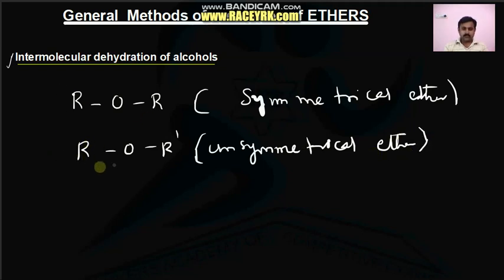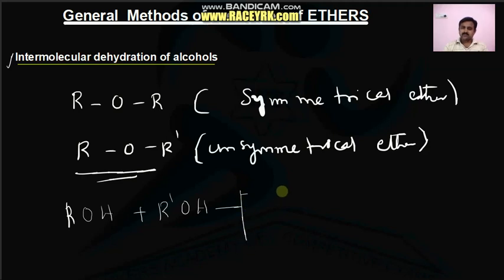So if you try to prepare this type of unsymmetrical ether, then what will happen? In this unsymmetrical ether concept, the alcohols you are taking should be different types of alcohols. So one is R dash OH, one is ROH. In this, you are going to get different kinds of ethers.